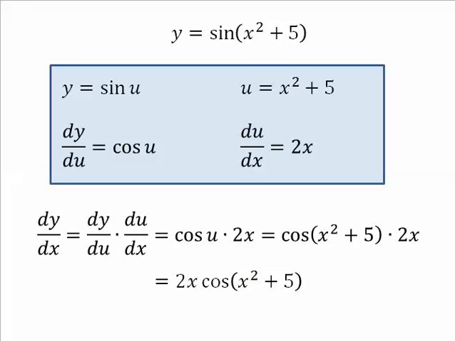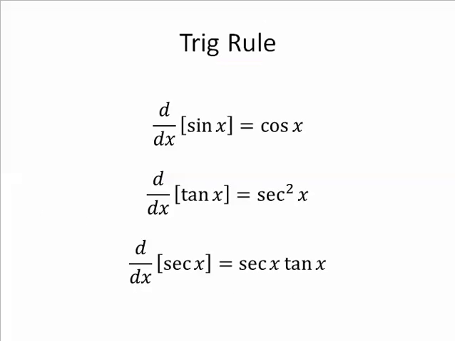Again, like we did before, I'd like to streamline the process. You know all your trig rules. The derivative of sine x is cosine x, the derivative of tangent x is secant squared x, and the derivative of secant is secant tangent. Well, we're going to generalize this using the chain rule.